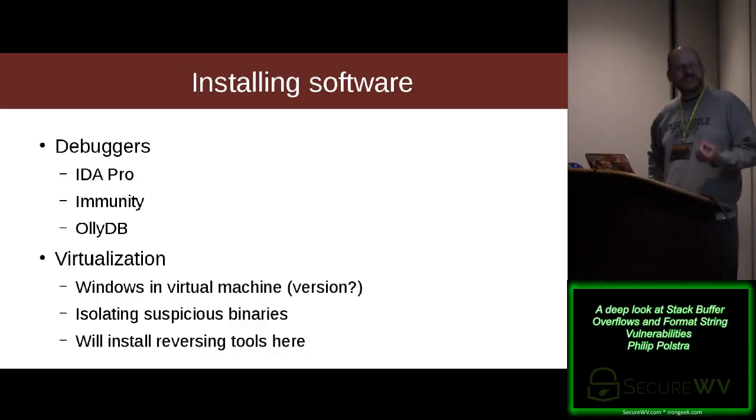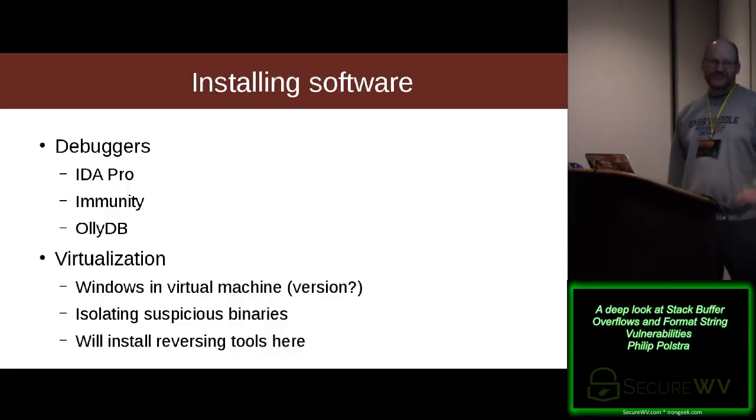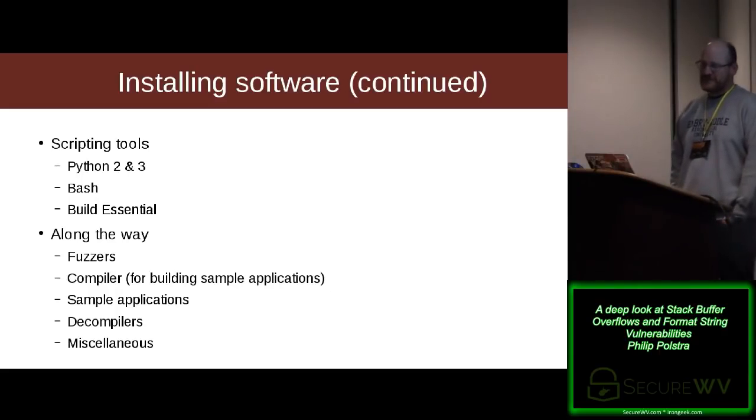So you want virtualization for running Windows stuff, because I always have Linux as my base. Isolating suspicious stuff. If you have some malware, you're like, hey, don't run that on your regular box. So normally you're going to want to install some tools. The OVA file has them pre-installed.